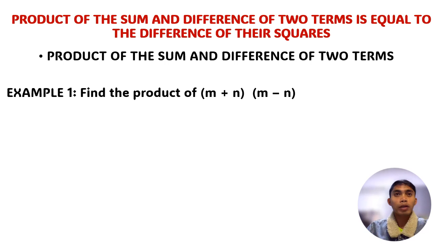So we need to find the product of the two terms. One way of getting the product of these given two terms is to use the distributive property.